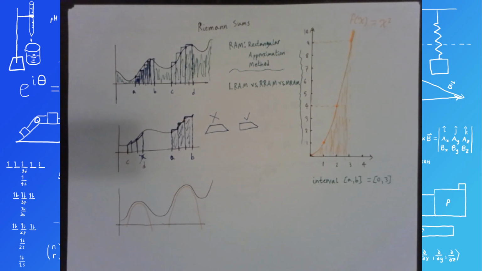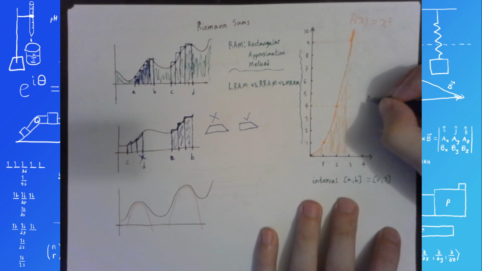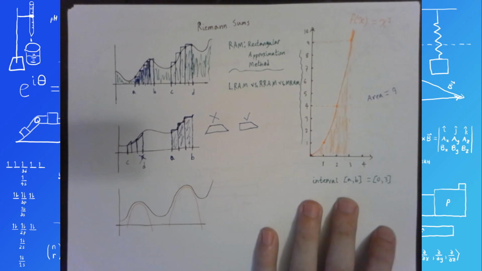Hold on, 1/3 times 27 minus 1/3 times 0, yeah, should be 9. So the area should actually be exactly 9 if I did this correctly.